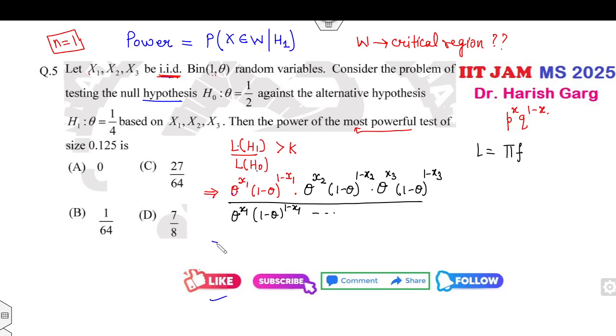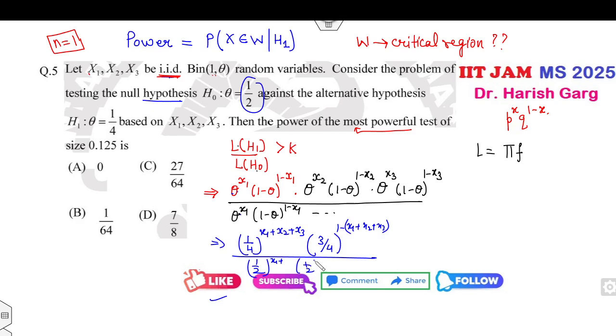Firstly, you can see it is 1 by 4 raised to power x1, x2, x3 into 3 by 4, 1 minus x1, x2, x3, divided by, again on the H naught, half raised to power x1, x2, x3 and half raised to power 1 minus x1, x2, x3, which is greater than k.